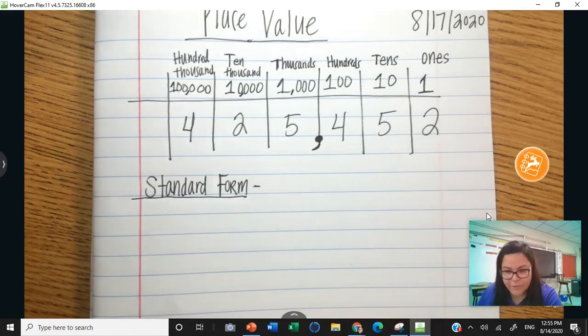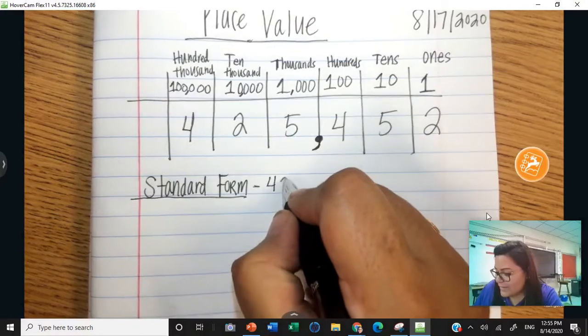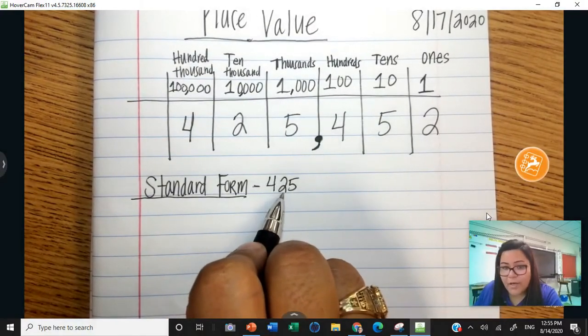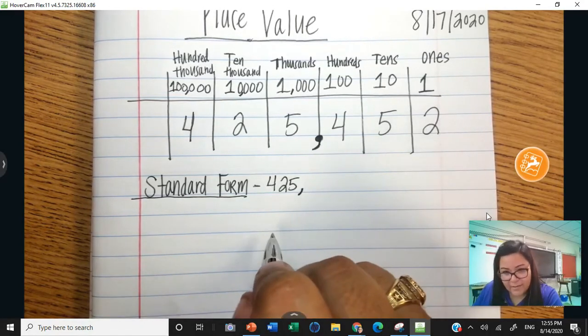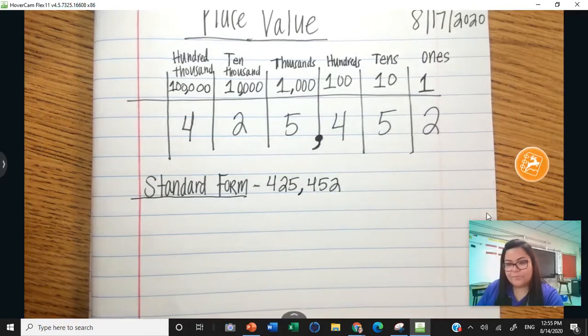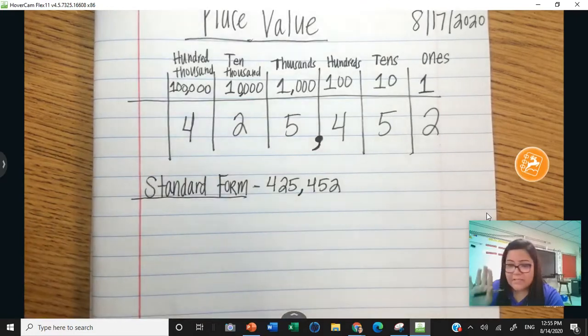So this is simply writing down the number, in this case 425,452. That's the standard form. Very easy.